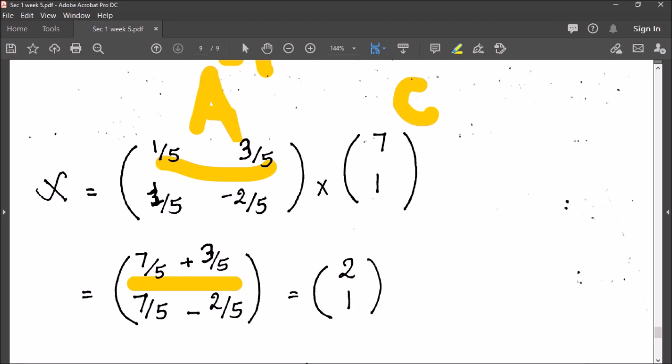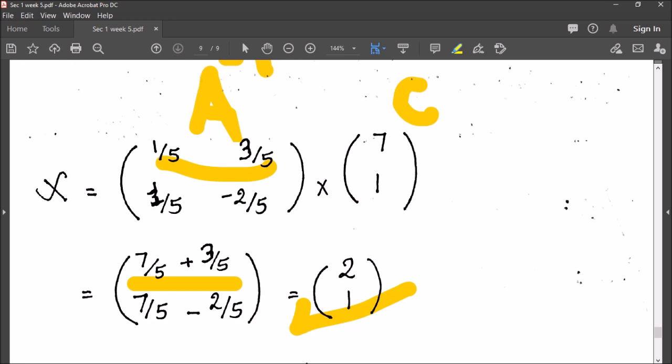A fifth multiplied by 7 equals 7 over 5. Negative 3 over 5 multiplied by 1 equals negative 3 over 5. A fifth multiplied by 7 equals 7 over 5. Negative 2 over 5 multiplied by 1 equals negative 2 over 5. So our final result will be 2 and 1.